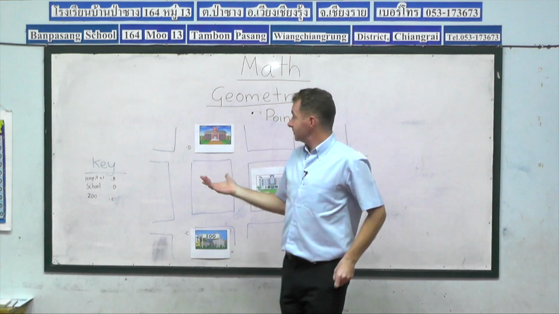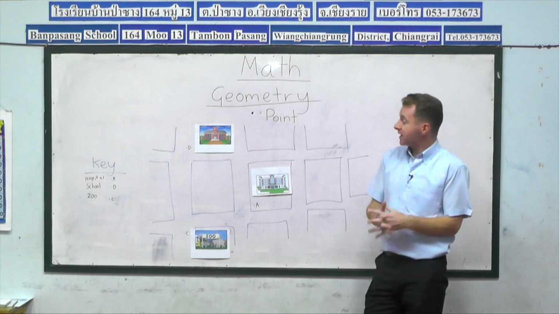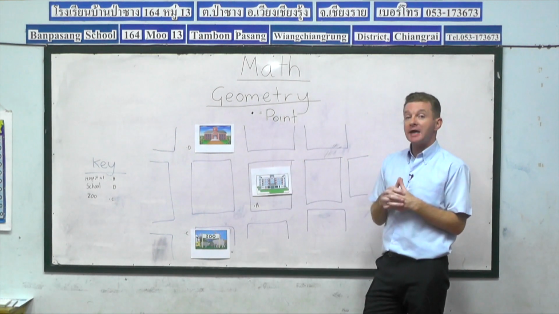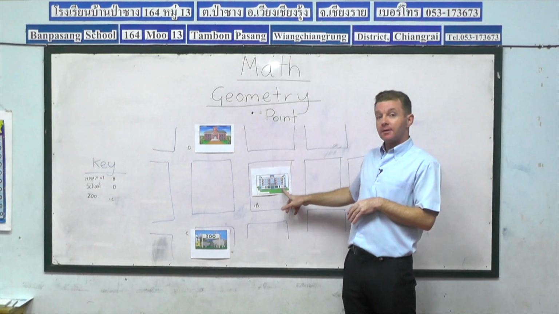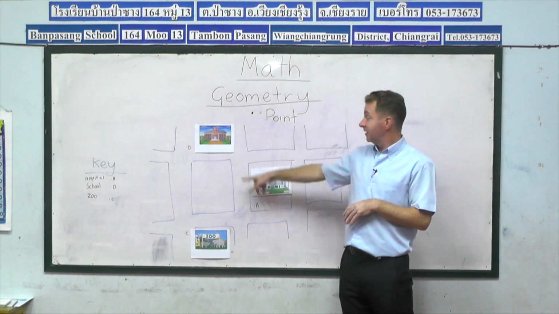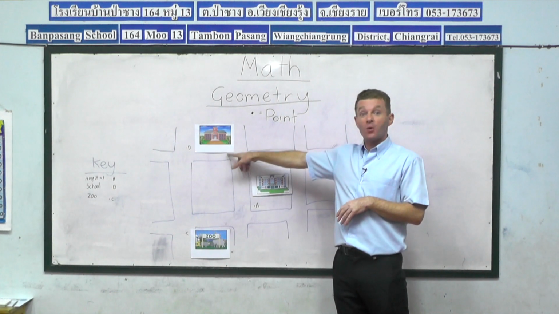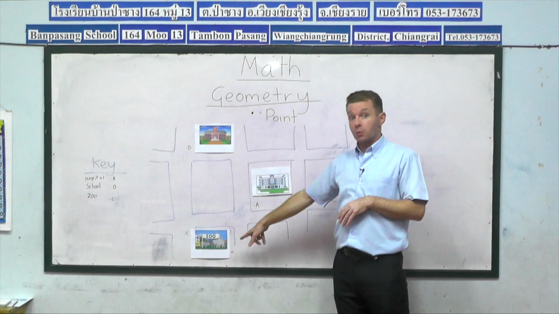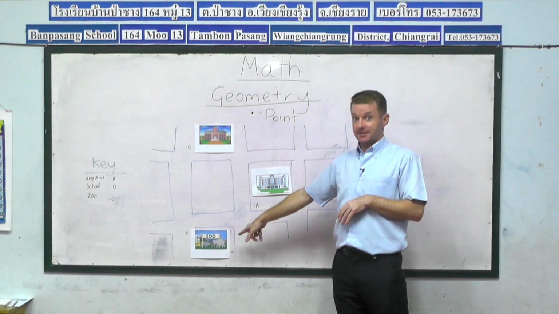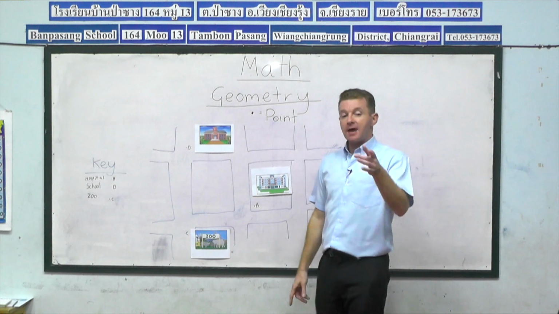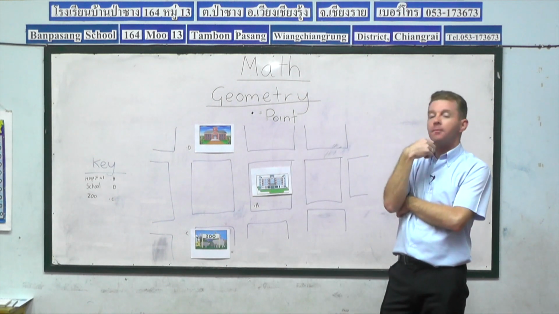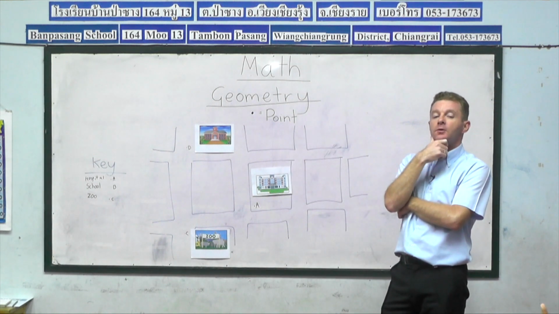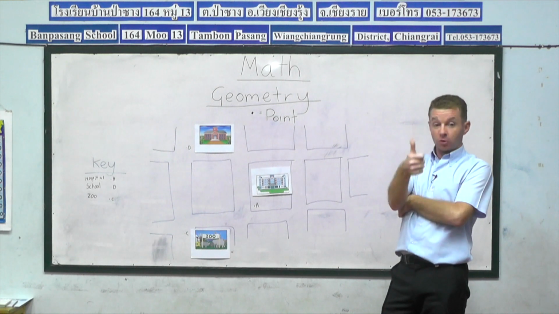So we can see from the previous lesson our recap of how we can mark locations on a map. We've got hospital, point A. School, point B. Zoo, point C. Yes, so Dan, if I say to you, I want you to go to point B, what building are you going to? School. Excellent.